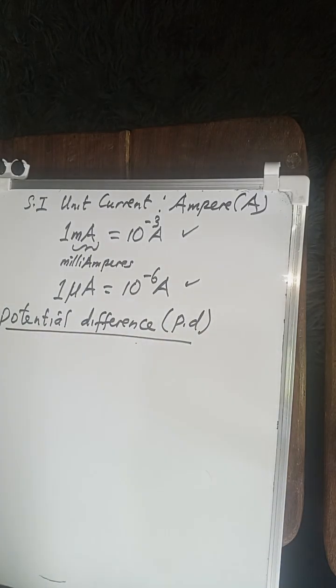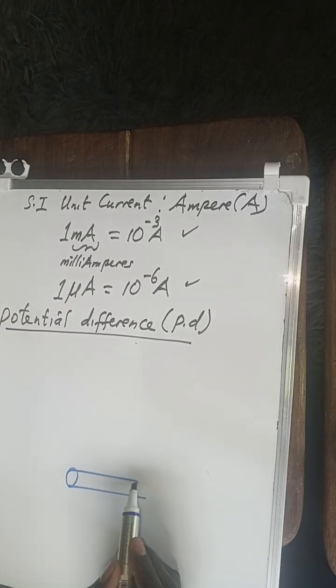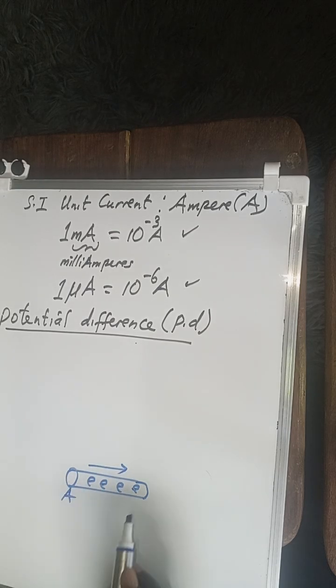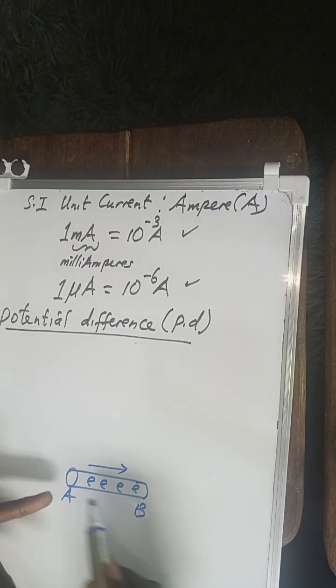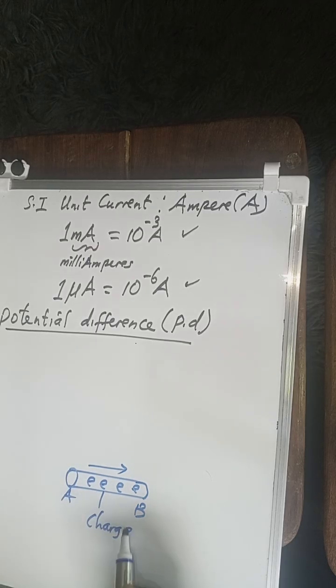So what exactly is potential difference? Well, imagine that we have a conductor, such as a wire. In that conductor, there are electrons that are moving. So if I say this is A and that is B, when electrons are passing a particular point in a unit time, that creates a charge, and the flow of that charge forms an electric current.